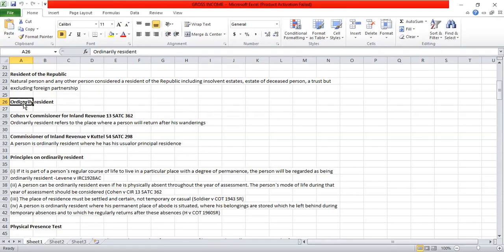Otherwise, after your wandering, you just come back here in South Africa. So, according to this case, your actions during a particular year of assessment are not the only ones that determine whether you are a resident or not. We also have to consider that after all your wandering, where are you going to be?